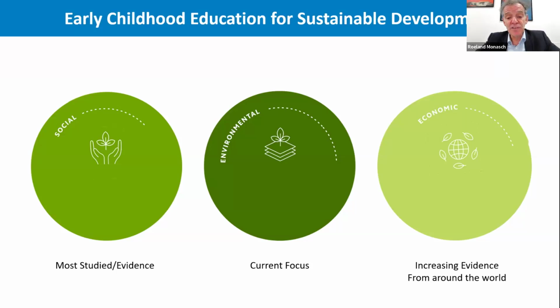Currently, there is an enormous interest and focus on the environmental side on early childhood education. Having said that, there is much less research done on the evidence of the intervention on environmental education in preschool education. And then thirdly, the economic side, the financial education.